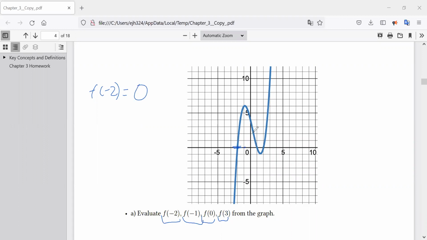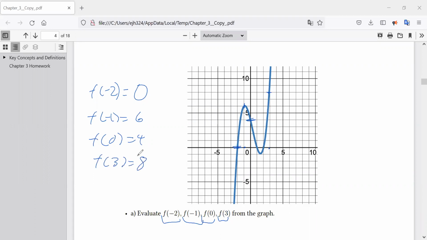I go over here and I find where the graph is for that x value. What's the y value? 6. Exactly. f of 0. Would that be 4? And f of 3. Infinity? Oh, sorry. Yeah. 8? Yes, 8. Thank you.